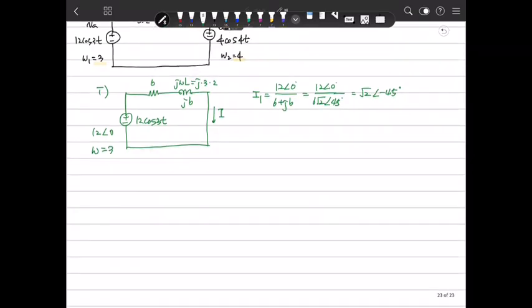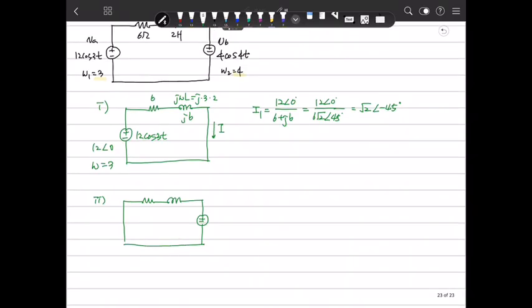And how about the current in the second circuit? In the second circuit, we have the other source here, but omega is 4. The source is 4 at 0 degrees, and this is 6 ohm. In this case j omega L, omega is 4, L is 2, so it is j8.